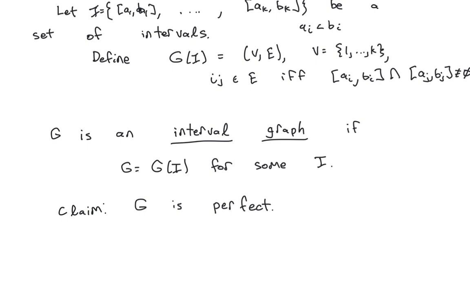Then we find the graph of the intervals to have vertex set corresponding to the set of possible intervals. So there are k intervals, and our vertex set is the integers 1 through k. We say i and j form an edge if and only if the ith interval and the jth interval intersect. A graph is called an interval graph if it comes from this construction.